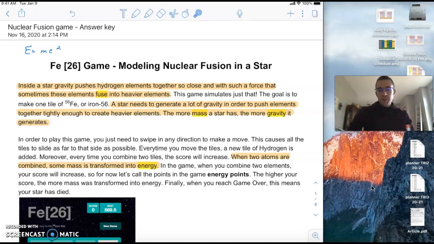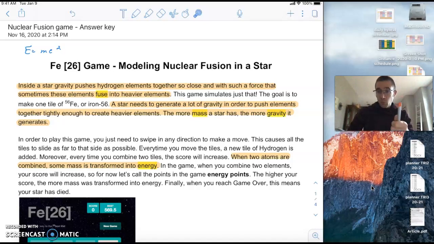Now, if these atoms of hydrogen or helium or whatever gas in these stars aren't moving fast enough, they're going to come close to each other, and then they're going to be repelled by each other. They're not going to bump into each other. They'll come close, and then they'll get pushed away.